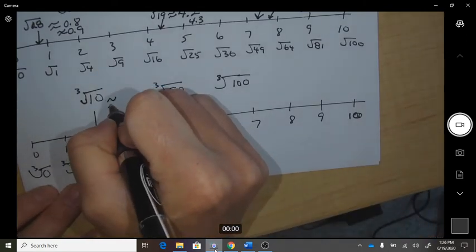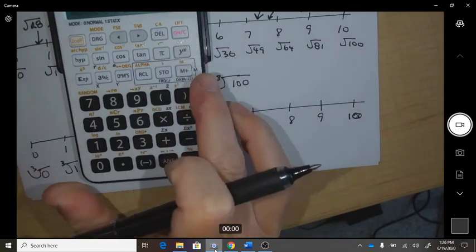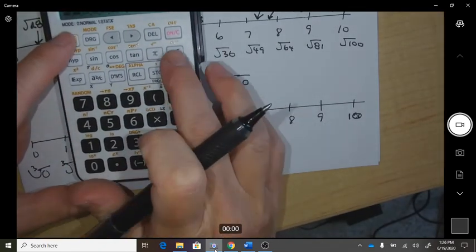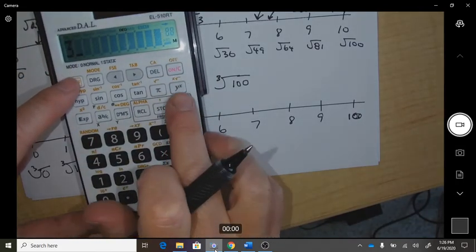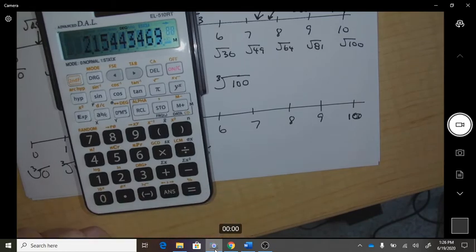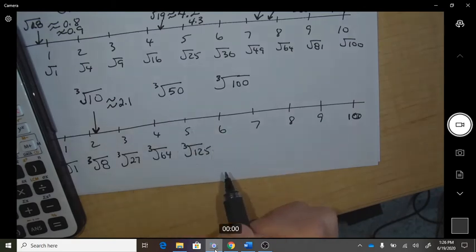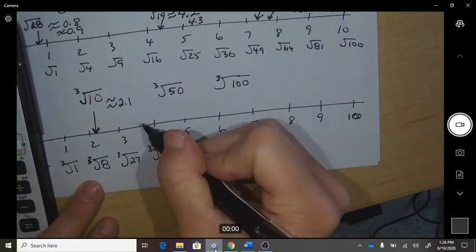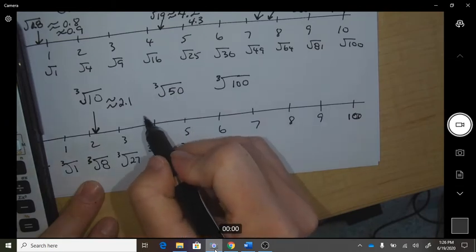So here's my guess, about a 2.1. So remember how to do this. The cube root of 10, I get 2.15. The cube root of 50, from here is 27, 64.